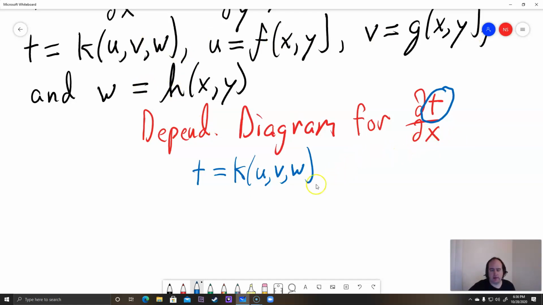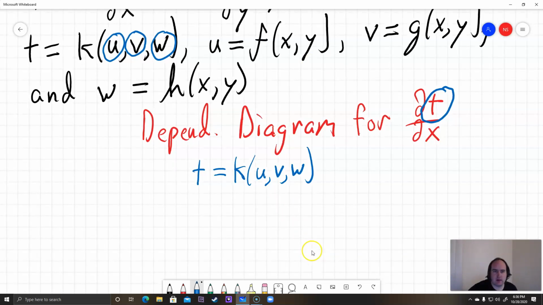Okay? So what are we going to do here? Well, we know that t is a function of u, v, and w. So there's actually 3 different variables that t depends on. So we're actually going to need 3 branches, 1 branch for each variable. Okay, so let me give myself a little bit more room down here.